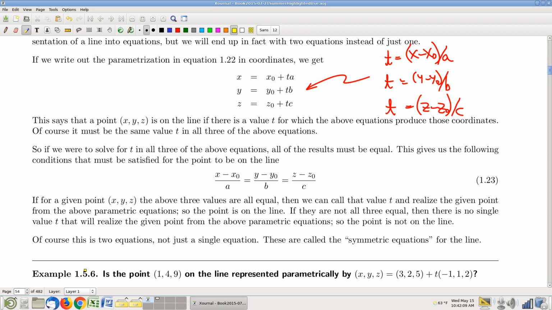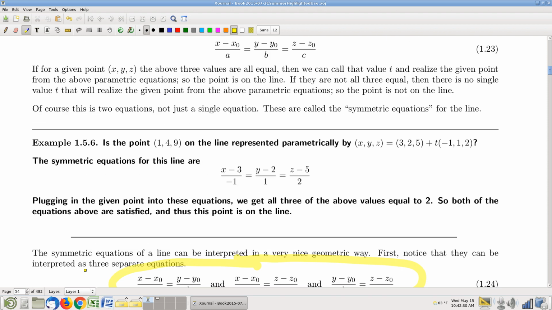So I always want to see some indication that you understand that the way you get from here to here is that t has to equal all of these things, and therefore these things have to equal each other. So give me the argument, right? Don't just transcribe. Okay.